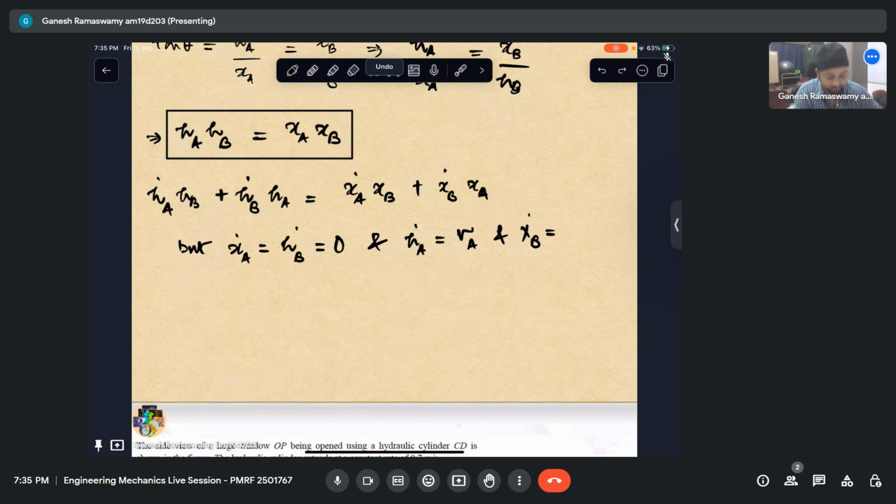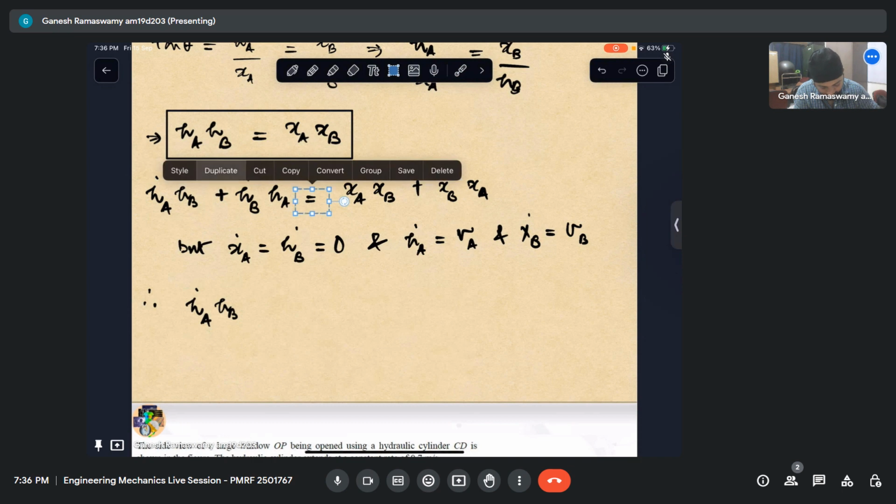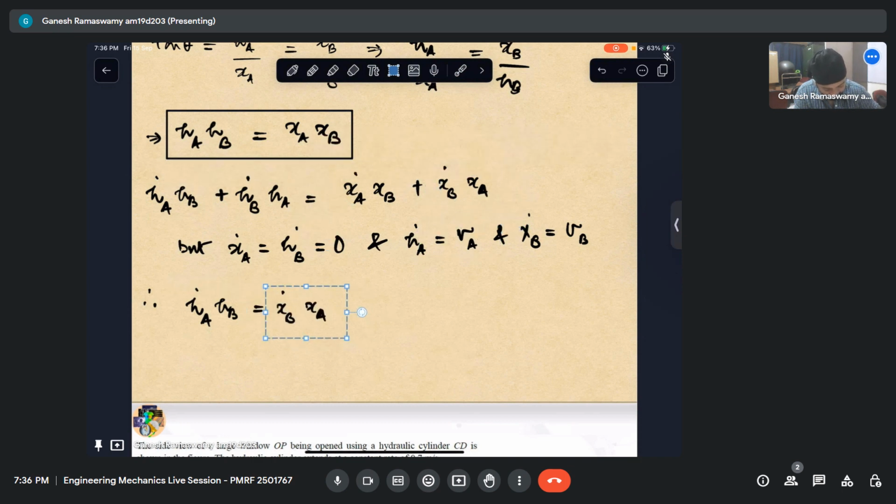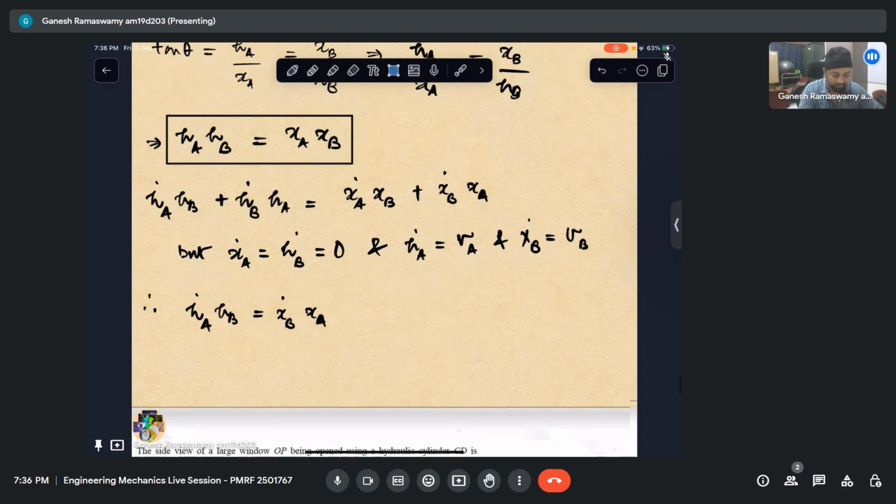So therefore, HB dot, this term goes to 0 and this term goes to 0. So I have only this equal to this. Now my idea is to find out VB, which means I need to find out XB dot.